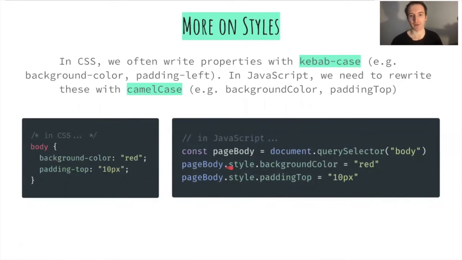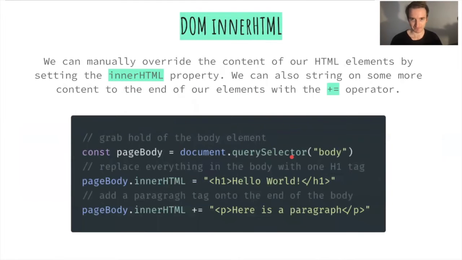We'll say page body dot style dot background color in camel case equals something, or style dot padding top in camel case. We can't do a like-for-like, but this is just something that we figure out with practice, so don't feel the need to memorize this, as usual.